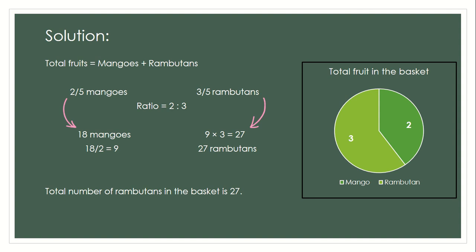Rambutans have 3 parts of the fraction, so we multiply 9 by 3, and we get 27. So we can conclude that the total number of rambutans in the basket is 27.